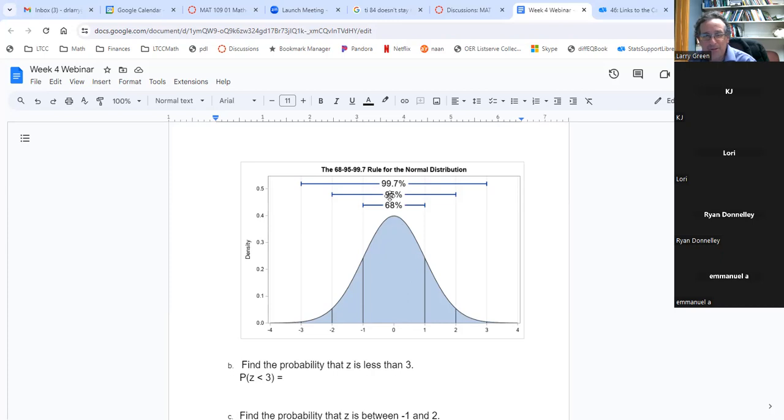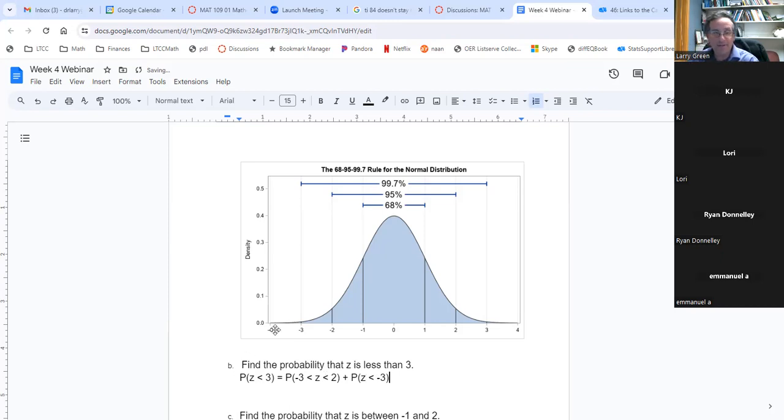So what happens is that 0.997 is not the probability that you're less than 3. We also have to add this extra piece in. So we're going to write that as the probability that -3 is less than z is less than 3, plus the probability that z is less than -3.